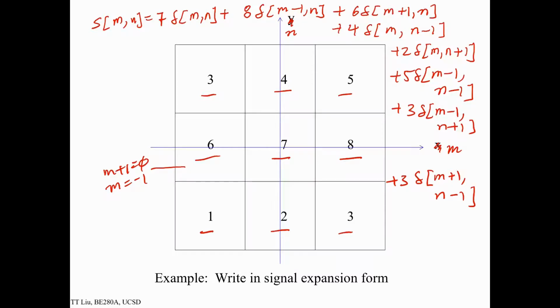And finally we have this 1 term, so that's just delta m, let's see, it's shifted over that way, so it's m plus 1 comma n plus 1. So the summation of all those terms would be our signal expansion using Kronecker deltas.